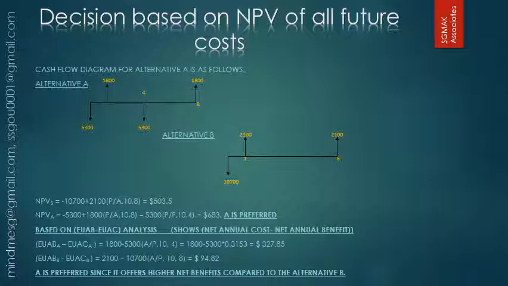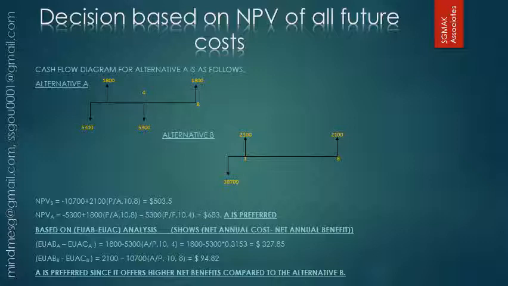Now, the other approach: if we solve based on equivalent uniform annual benefit minus equivalent uniform annual cost, then we don't need to correct for unequal service lives. The idea is that at the end of useful life, the equipment is replaced with an identical unit that has the same cost structure. For alternative A, uniform annual benefit minus uniform annual cost comes out to be $327.85.